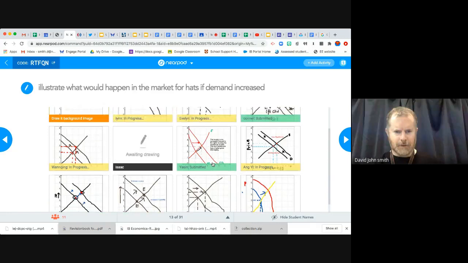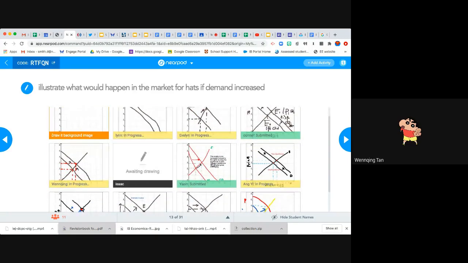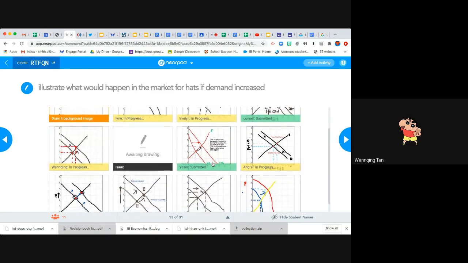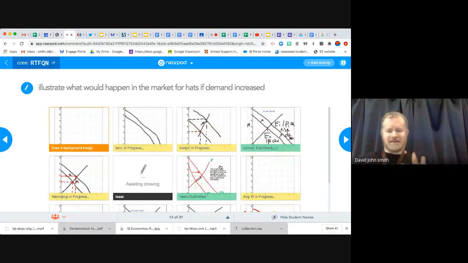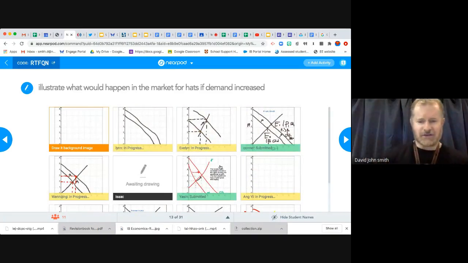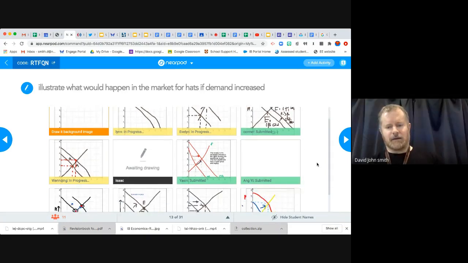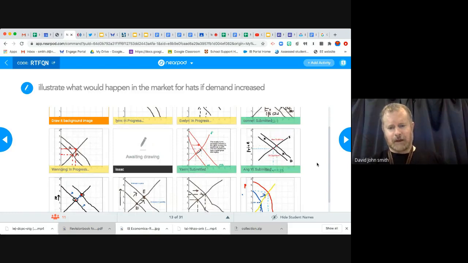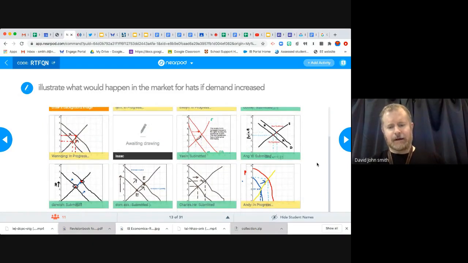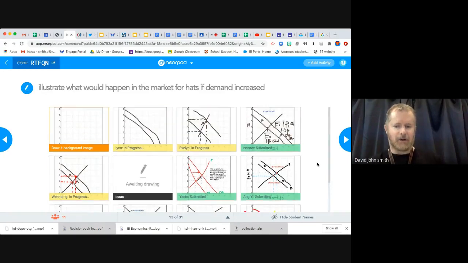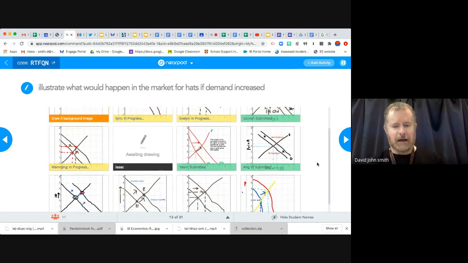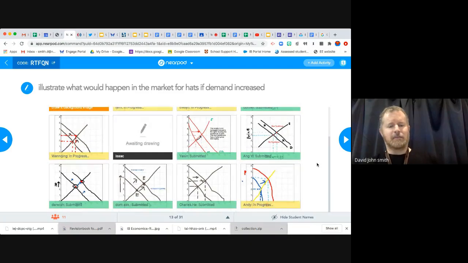Mr. David, I'm a bit confused about when to draw a curved line or a straight line. Yeah, at this stage, all you need to worry about is straight lines. They're easier to draw. Mathematically and realistically, your demand and supply curves are going to be curved, but for the sake of what you're doing at the moment, you only need to worry about them being straight lines.